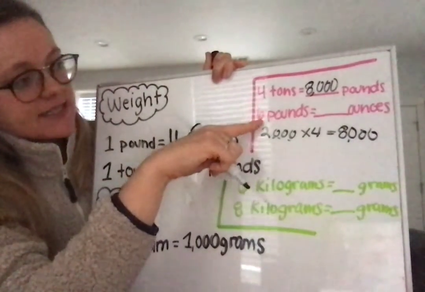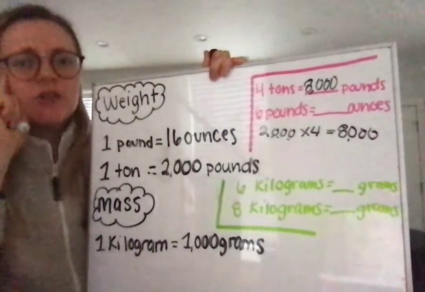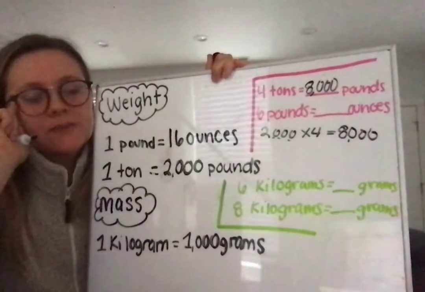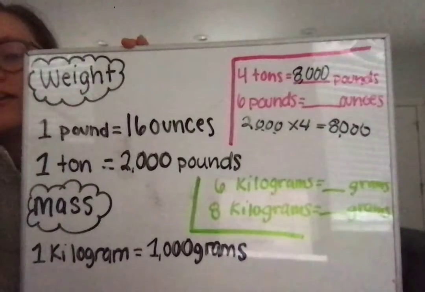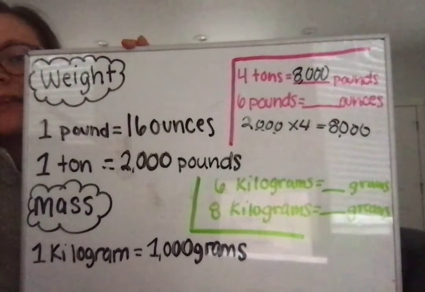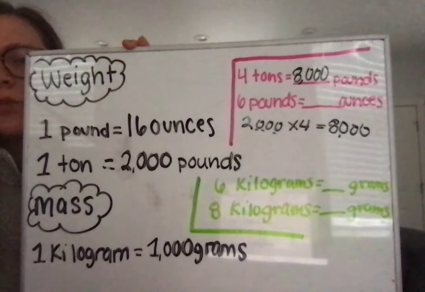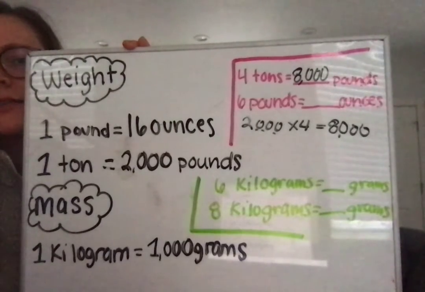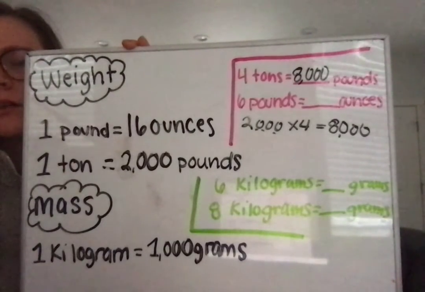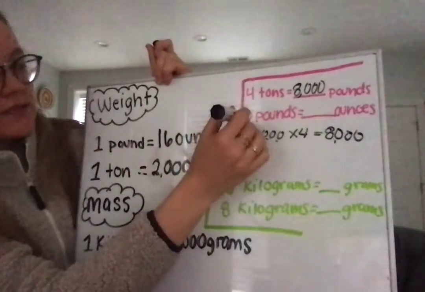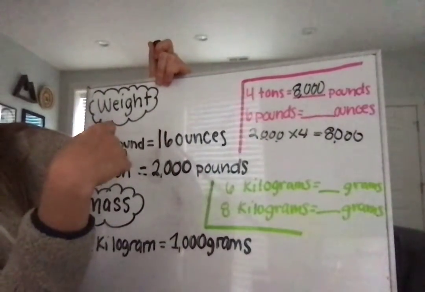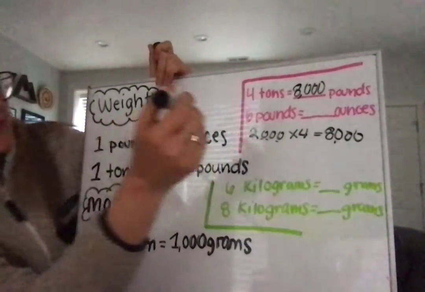The next one says 6 pounds is how many ounces? I want you to think to yourself, what multiplication am I going to do? What 2 numbers am I going to multiply? 6 pounds is how many ounces? First think, 1 pound is how many ounces? Now what do you need to multiply? Hopefully you chose 6 pounds times 16.